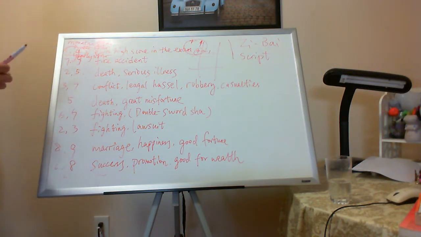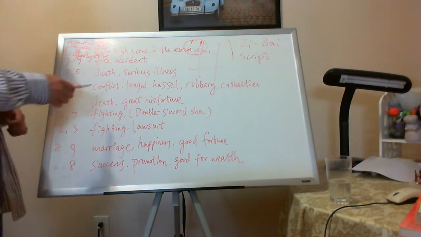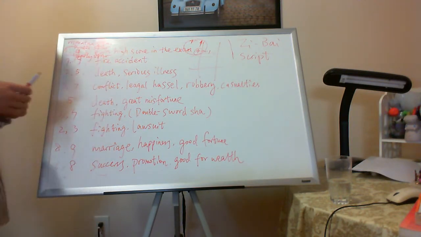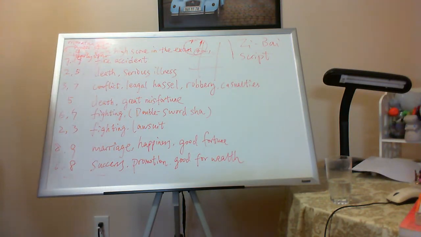In that case, for that specific year, remember there's a yearly star involved, your house might have a fire accident. Actually, I've seen many cases, and I don't see any fire accident.